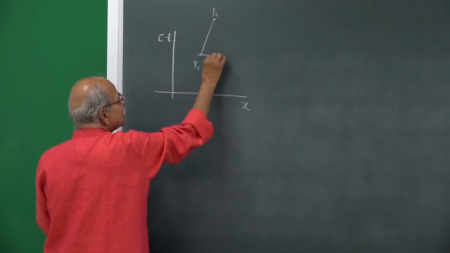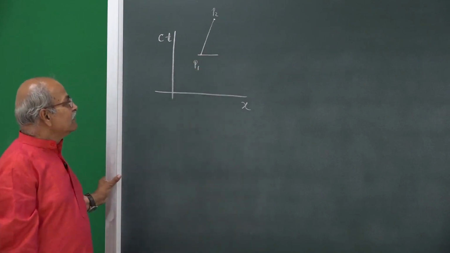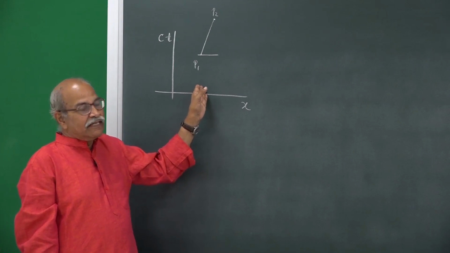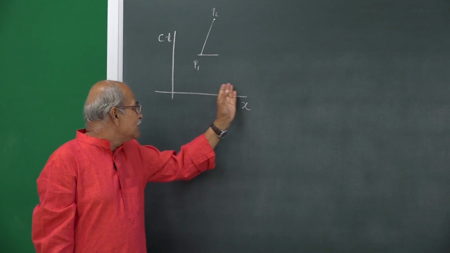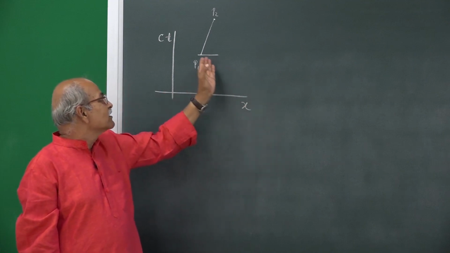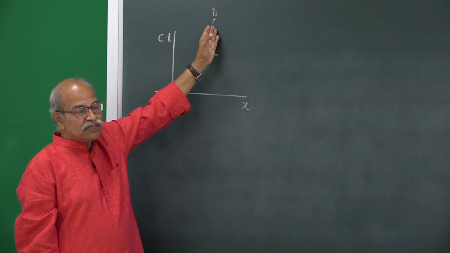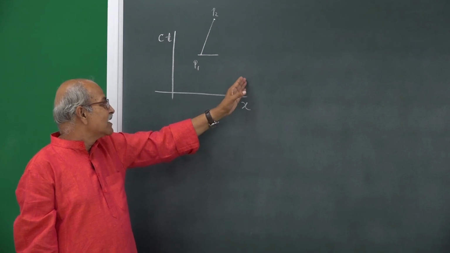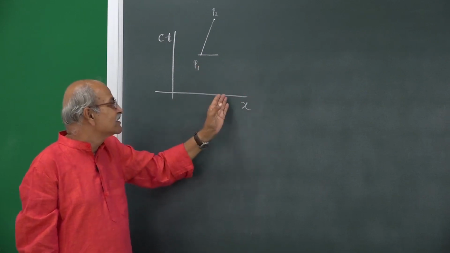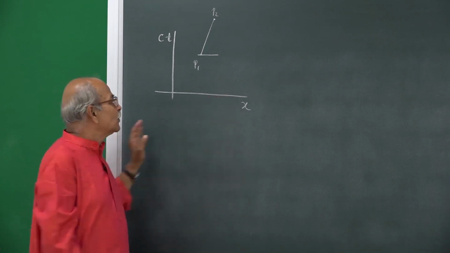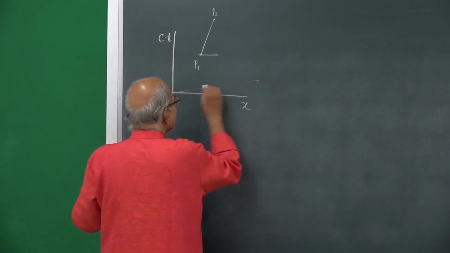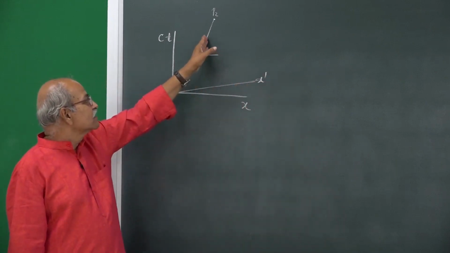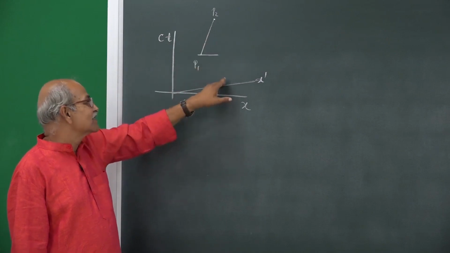This angle was more than 45 degrees, and we saw that you cannot find a frame S prime for which this x prime line that you draw here is parallel to P1 P2. This is because for any frame S prime, this x prime line will make an angle of less than 45 degrees with the x axis. So, whatever frame you choose, the corresponding x prime line will go like this, and this has angle more than 45 degrees, this has to be less than 45 degrees.